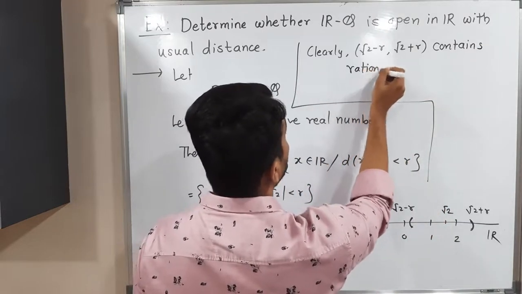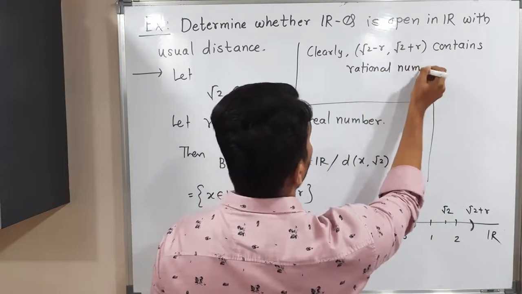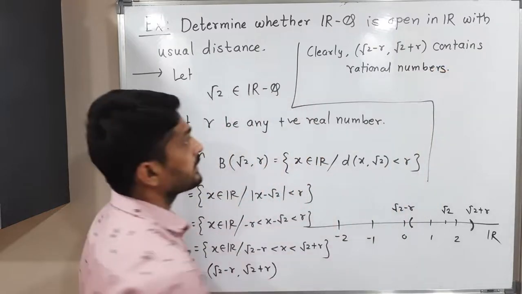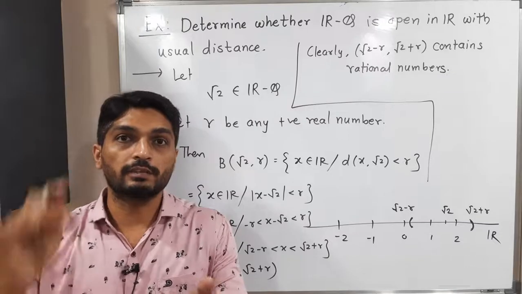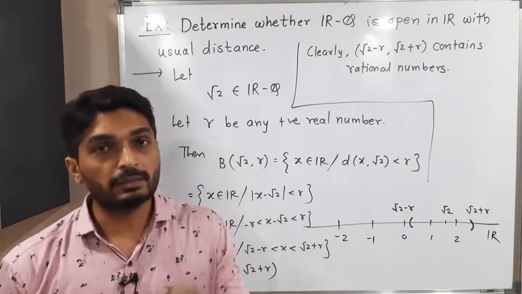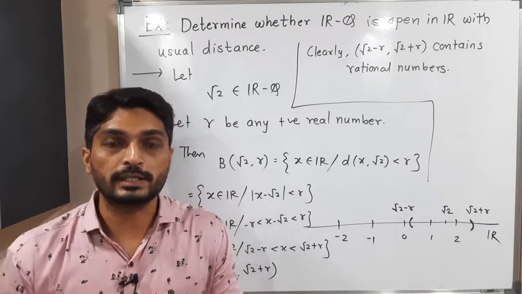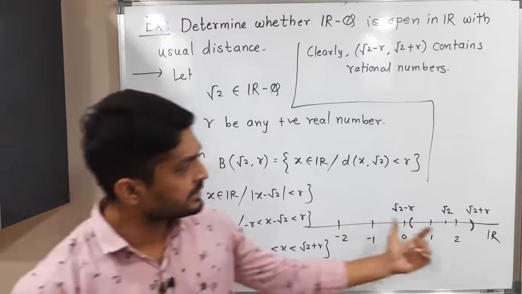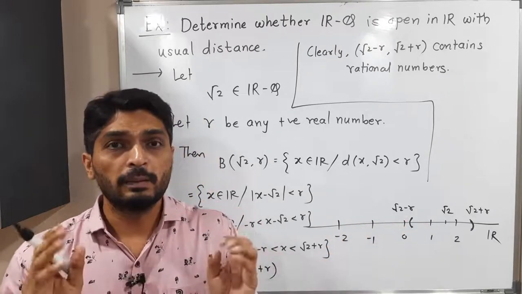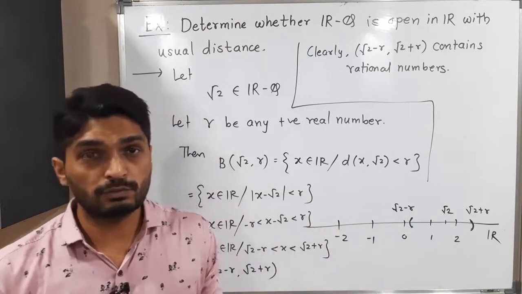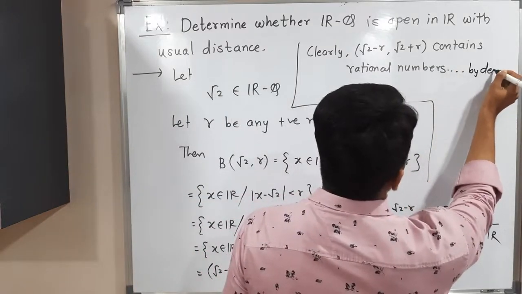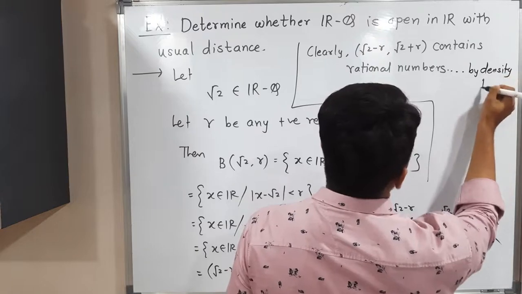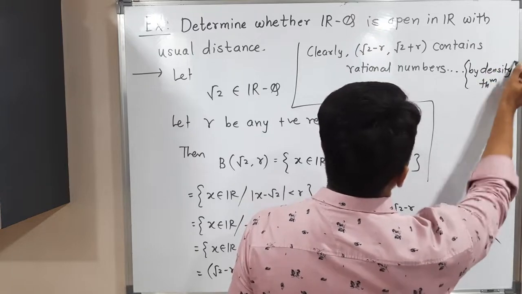The density theorem says between any two irrational numbers you can find some rational, and between any two rational numbers you can find some irrational. So in this interval there will be many rational numbers. Let me mention: by the density theorem, we could write it.